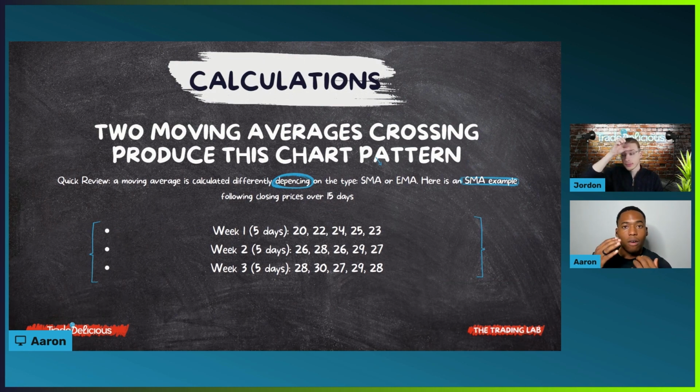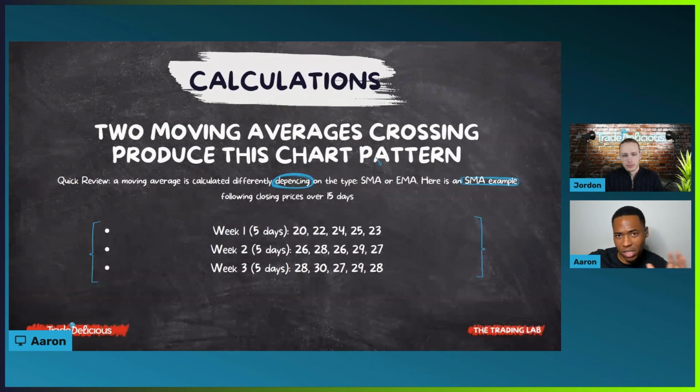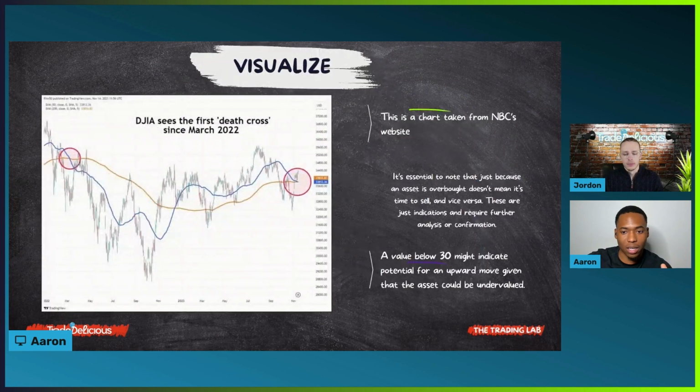Obviously you have 5 trading days within a given week, outside of next week here in the States when we have something like Thanksgiving. But for the most part, it's 5 trading days in a week. So a 15-day moving average would be looking at 3 weeks of data. 50 days would be looking at 10 weeks of data, and so on. Also, there are simple moving averages and exponential moving averages. That's kind of out of our scope for this conversation, but most of the time, people are looking at SMAs when they're talking about this kind of thing.